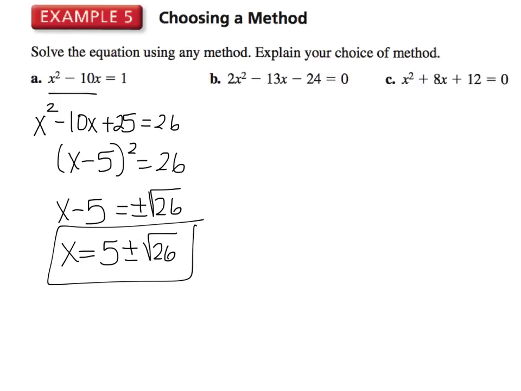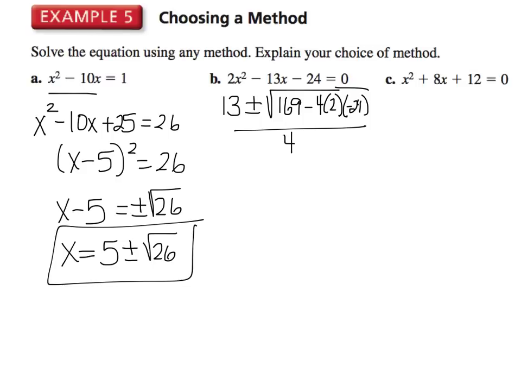So B, I could factor this, and you could. But to me, it's not an easy factoring problem. Well, it actually is, but you may look at this and say, I'm just going to use standard form. I'm going to use the quadratic formula. Negative b plus or minus the square root of b squared, that'd be 169, minus 4 multiplied by 2 and negative 24, all divided by 2a.